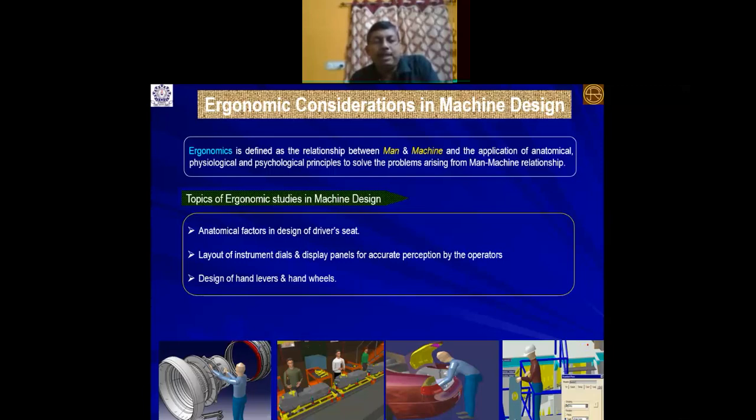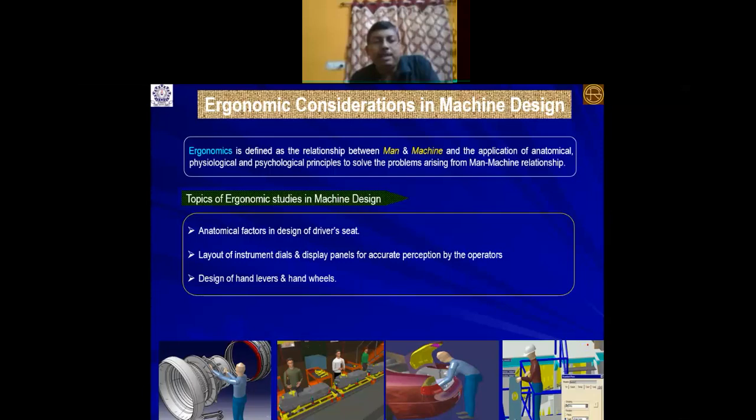Similarly, nowadays cars have not only the sliding front side and back side, you can also adjust the height of the seat. One car has one more facility. It is recent, maybe 5 or 6 years back. A costly car had it from long back, but the low cost car also introduced height adjustment of the driver's seat.